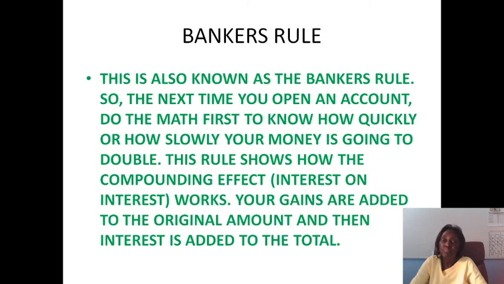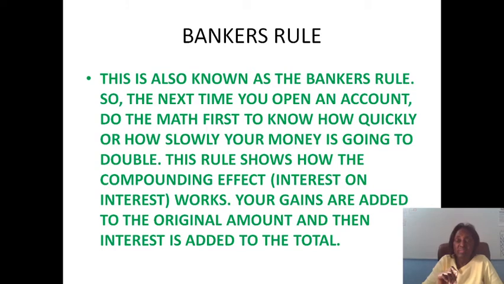Okay? Now, the Rule of 72 is also known as the banker's rule, and when you go to open an account the next time, do the math first. Okay, so you'll know how quickly or how slowly your money is going to double.